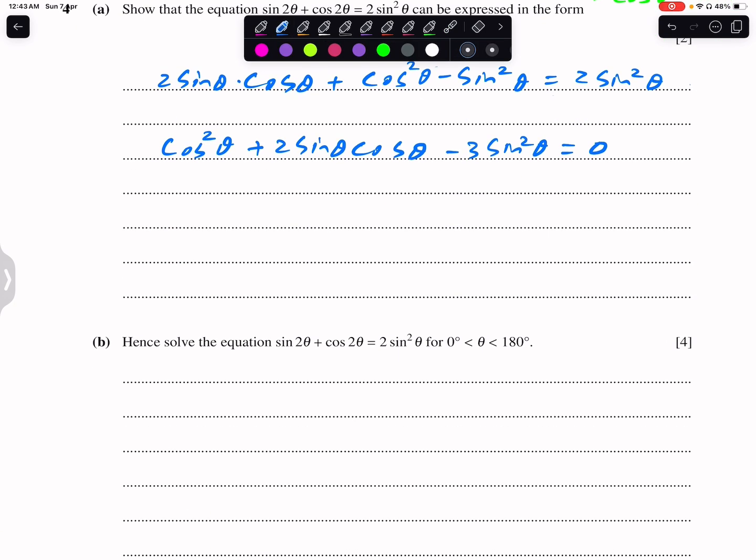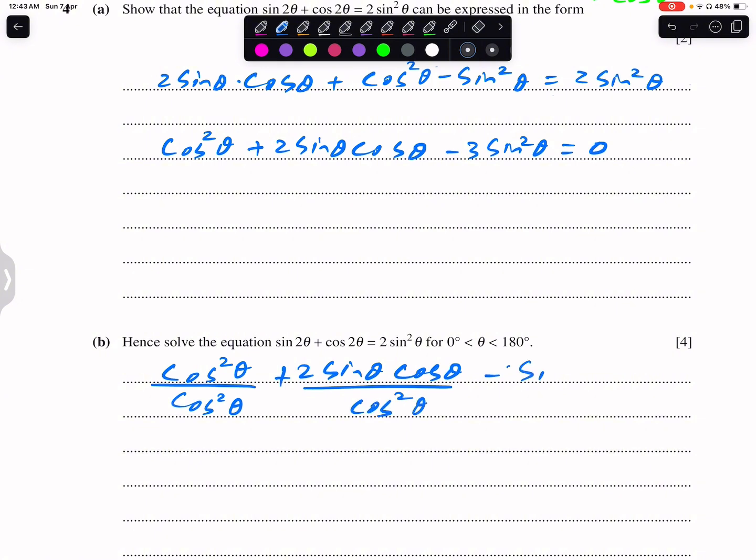Divide by cos square, you will get cos square theta over cos square theta plus 2 sine theta cos theta over cos square theta minus 3 sine square over cos square equals 0.